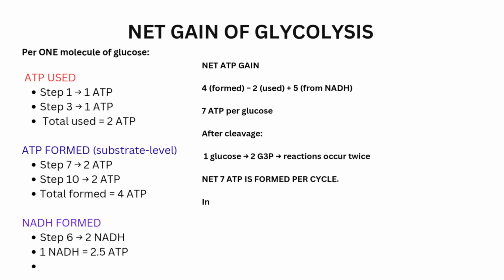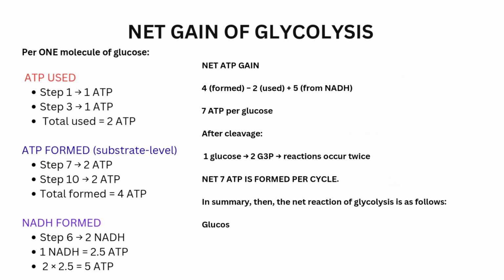Using the modern value, 1 NADH produces 2.5 ATP. So 2 NADH produce 5 ATPs. So overall, 4 ATPs are formed, 2 are used, and 5 come from NADH, giving a net gain of 7 ATPs per molecule of glucose.